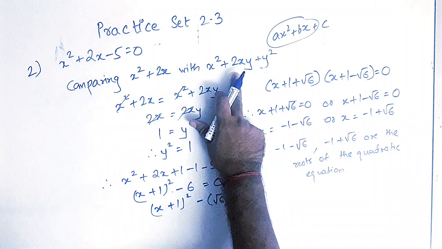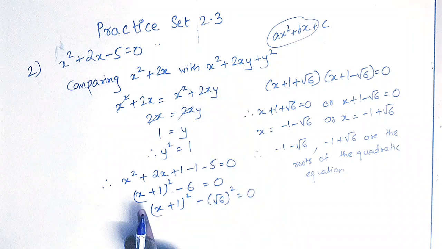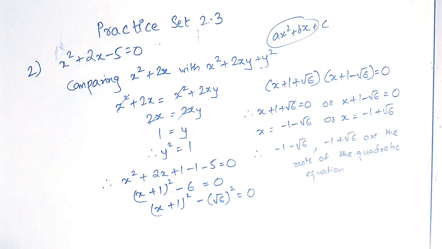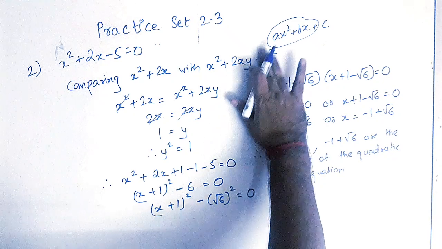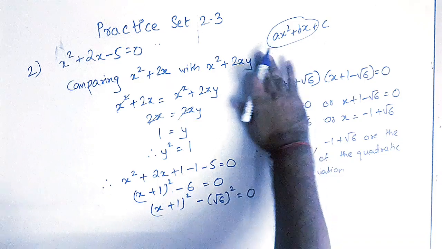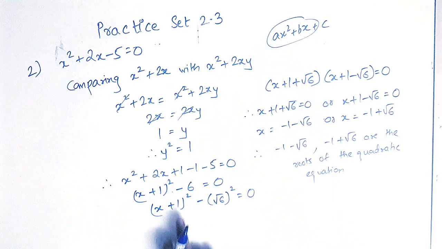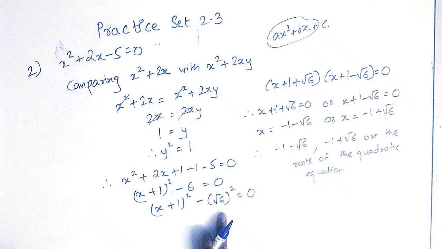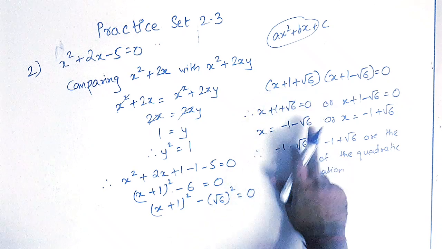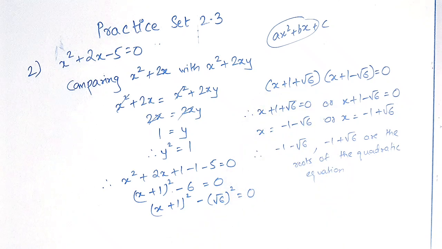A square plus 2ab plus b square becomes a plus b the whole square. So after getting this, we will automatically get it in the form a square minus b square. Once we get this, it is easy to find what is x. Let us move on to the third one.